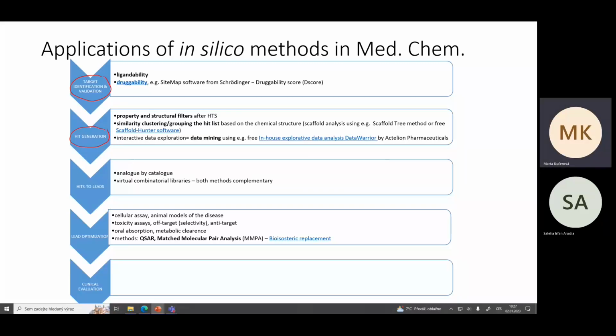When we get the hits, we can optimize the hits to lead. So we can again use molecular modeling software and exchange, for example, functional groups, exchange the scaffolds, and prepare virtual combinatorial libraries.